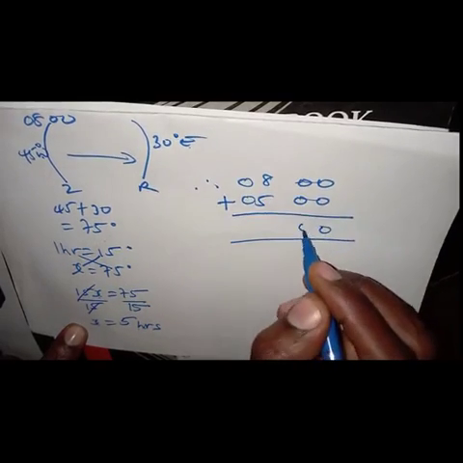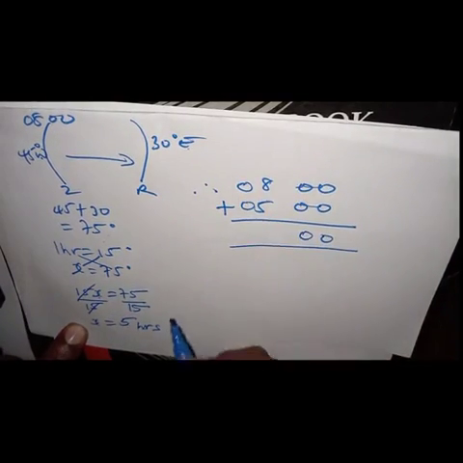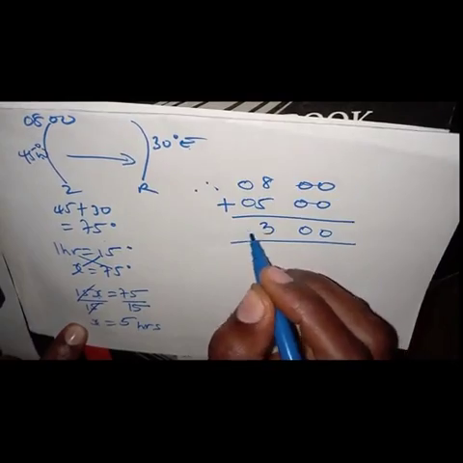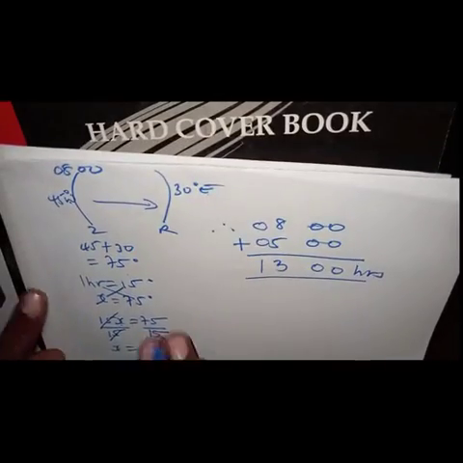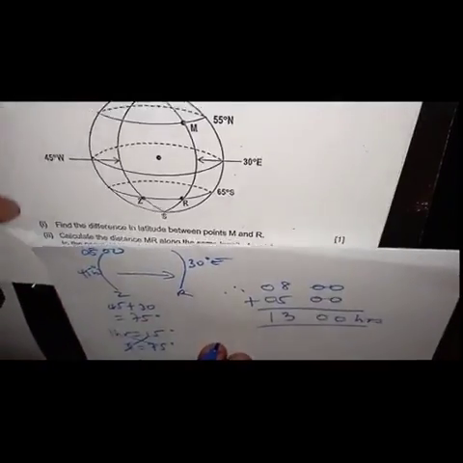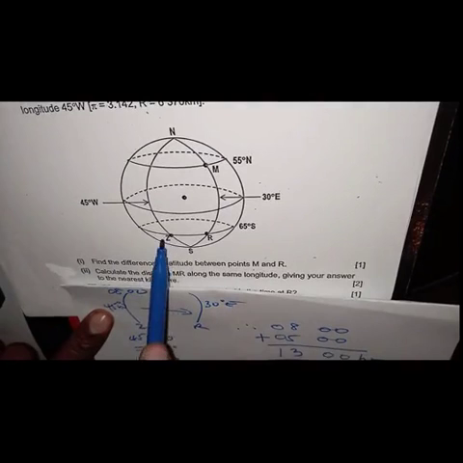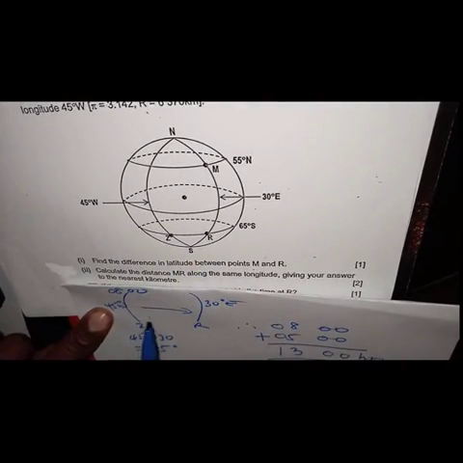So you add 8 plus 5, you get 13. So indeed, when it is 8 hours at Z, at R it will be 13 hours. It is ahead because it is on the eastern part of Z, right?